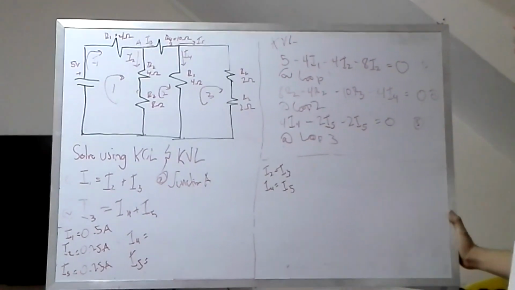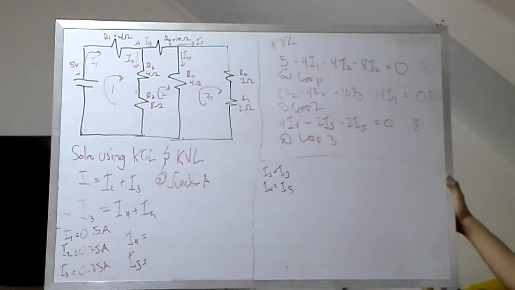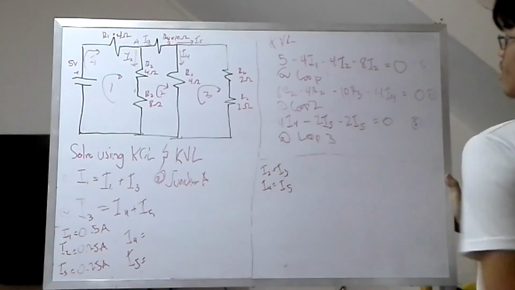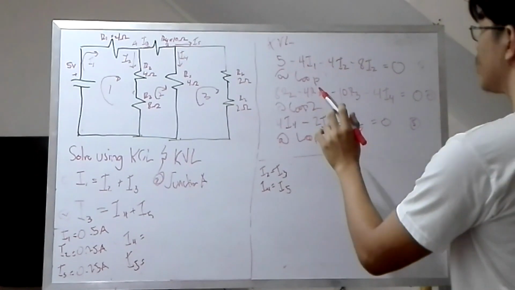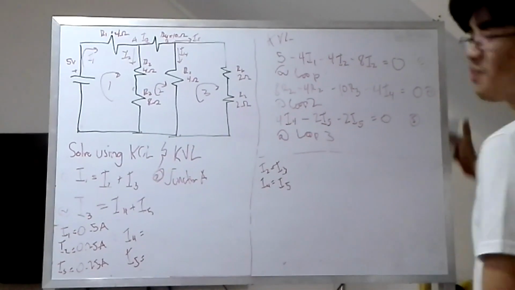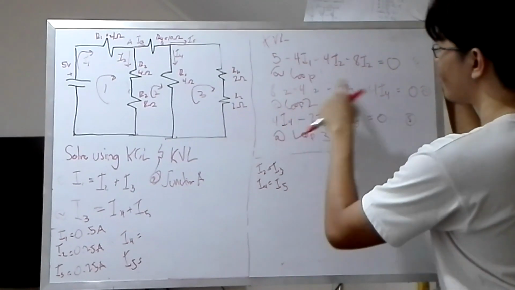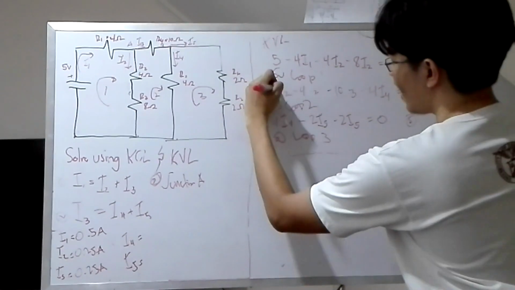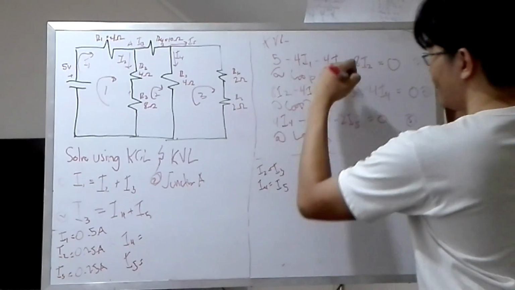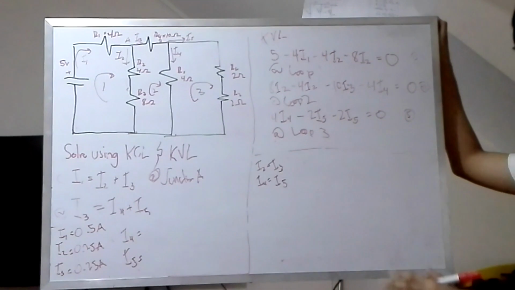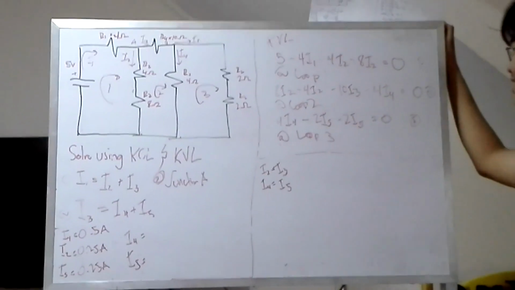And in order to get I4, there's a correction here. This should not be R2, this should be I2 and I3.